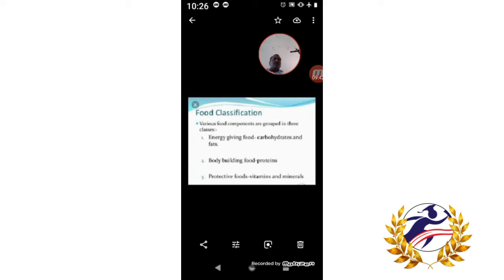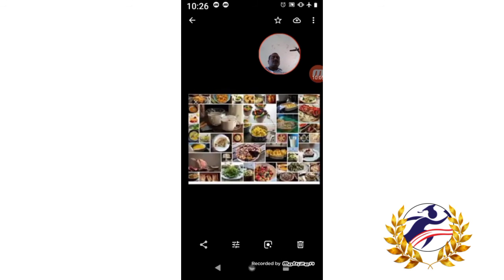Various food components are grouped into three classes: energy giving foods, bodybuilding foods, protective foods. So vitamins and minerals are nothing but protective foods, and proteins are nothing but bodybuilding foods. Fats and carbohydrates are nothing but energy giving foods. This classification you need to learn properly. Alright, this is important for your exam.